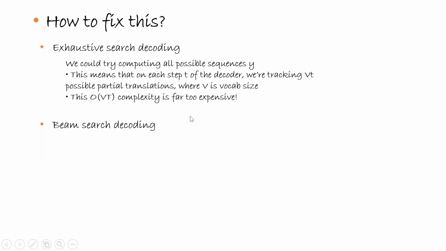So we can use exhaustive search decoding. We could try computing all possible sequences of y, which means that on each step t of the decoder we are tracking V^t possible partial translations, where V is the vocabulary size.